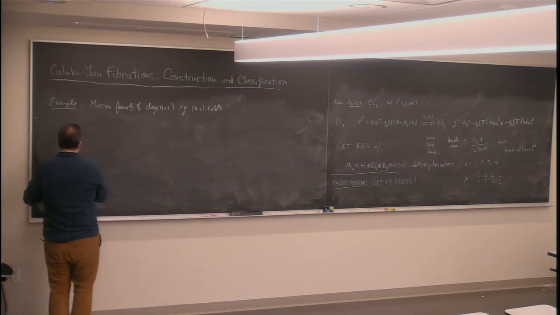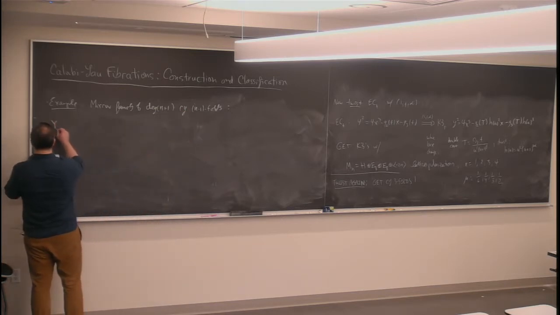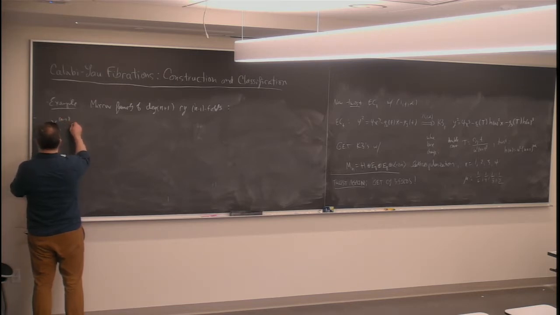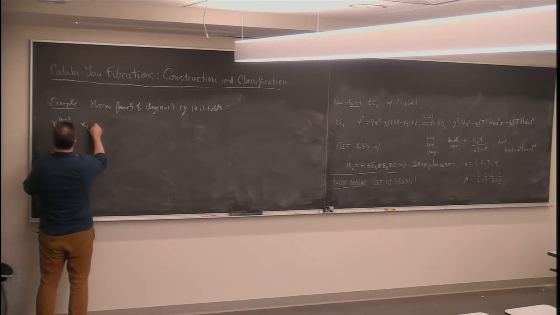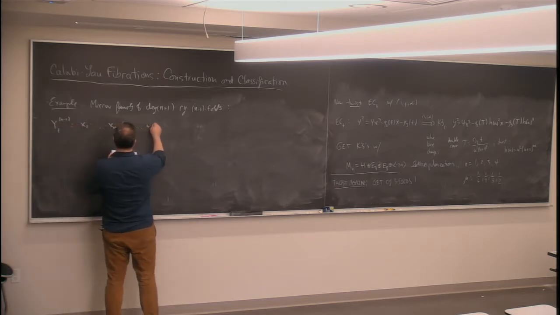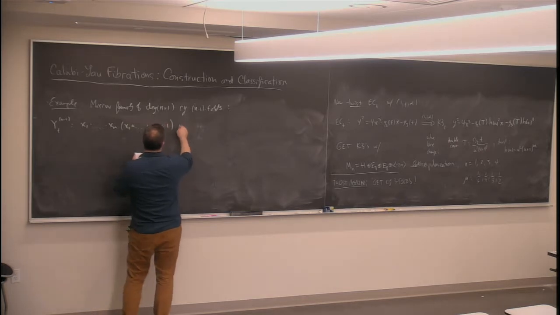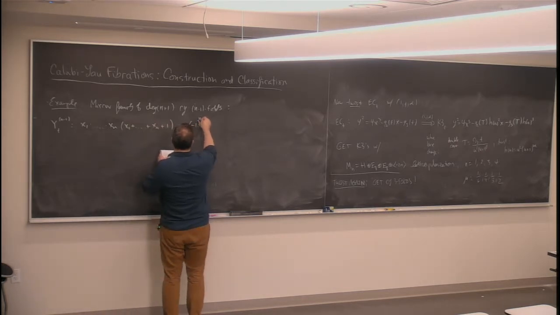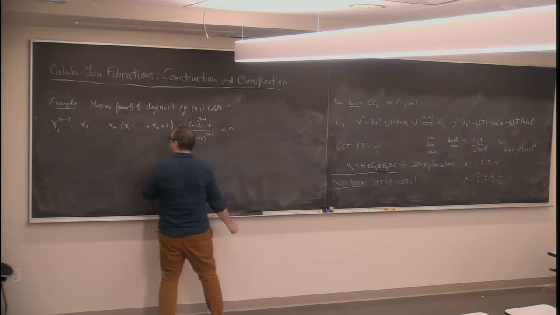Okay, so let's give them a name. I'm going to write them in this affine form for the mirror, just as I did before. x1 times ... times xn times x1 plus ... plus xn plus 1, plus minus 1 to the n plus 1 t over n plus 1 to the n plus 1 equals 0. Okay?